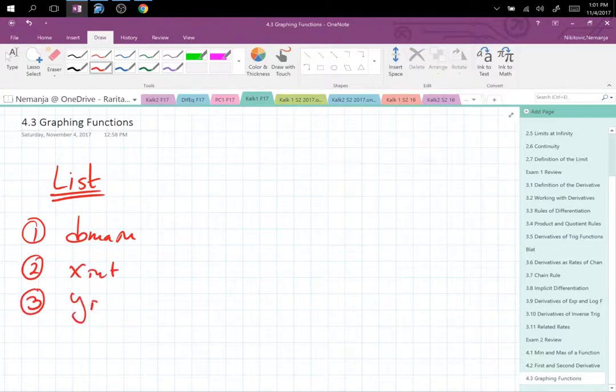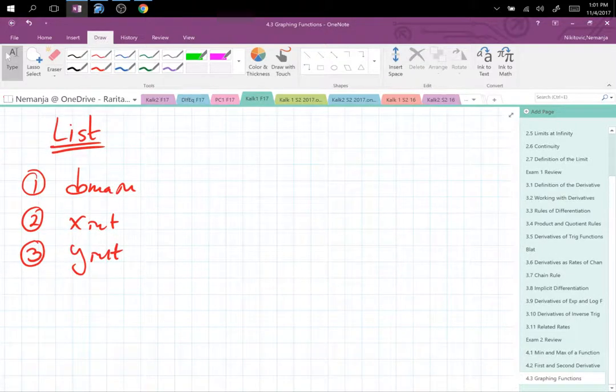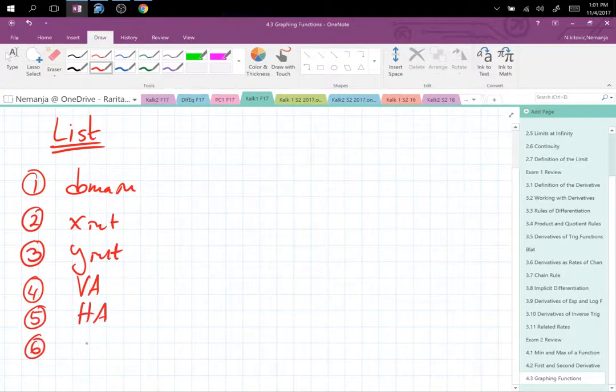Number 3, y-intercept. Number 4, VA. Number 5, HA. Number 6, SA. So VAHASA is there. What's VAHASA? Vertical asymptotes and horizontal asymptotes, and slant asymptotes.